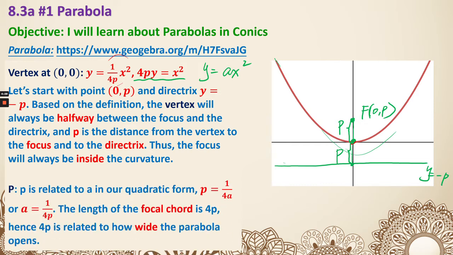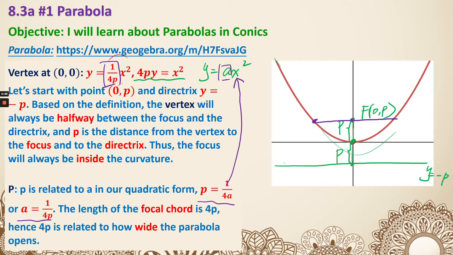Now let's talk about the value p. p is related to a in our quadratic form, which is right here. It was a, now it's actually 1 over 4p. So there is this relationship: p is 1 over 4a, or a is 1 over 4p. As for the reason why it is 4p, here's the reason. Draw a line across the focus. This is called a focal chord.